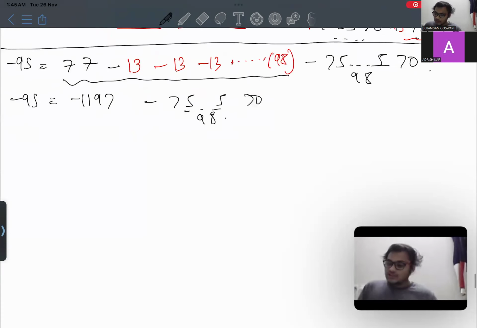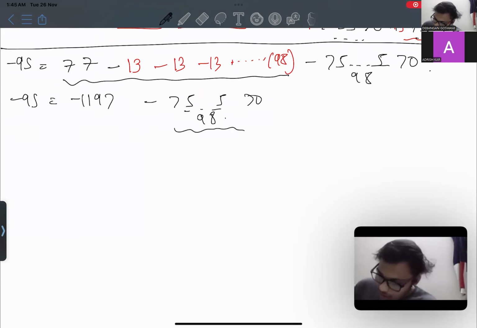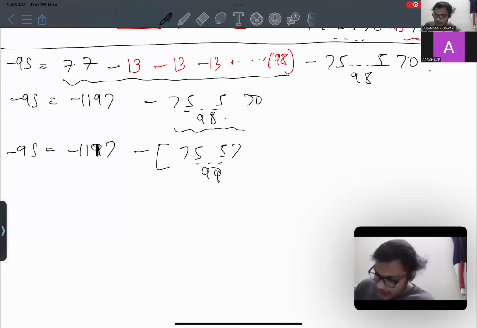So now the same trick again. This term, if you see closely, can also be broken into two parts. It can be written as 755...5 99 times, and a 13, right?